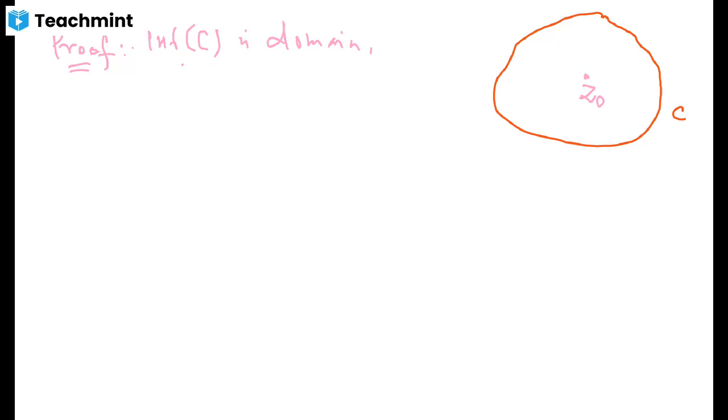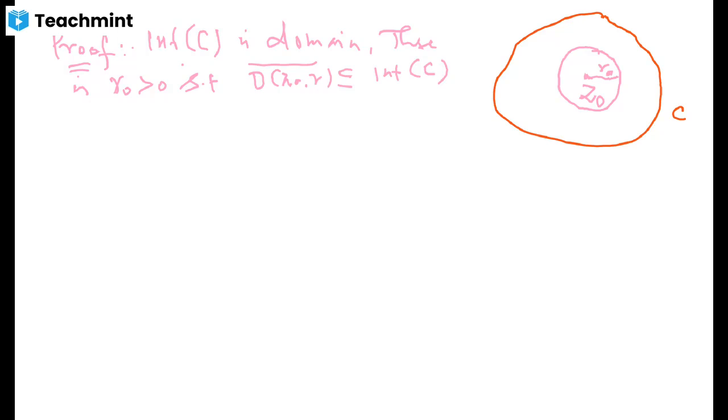So for any point inside here, I can find a neighborhood of this point of some radius r naught, such that there is some r naught greater than 0 such that the closed disk centered at z naught is contained inside the interior region of C. This is always possible by the definition of an open set: it is an open disk, but if you take half the radius of that open disk, you get the closed disk as well. So this is always possible.